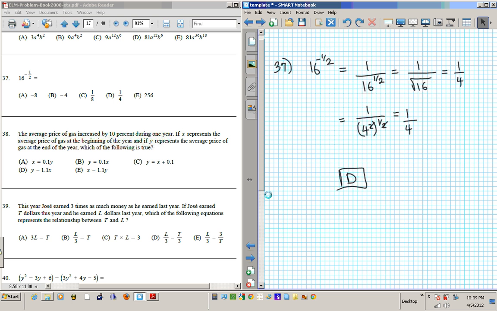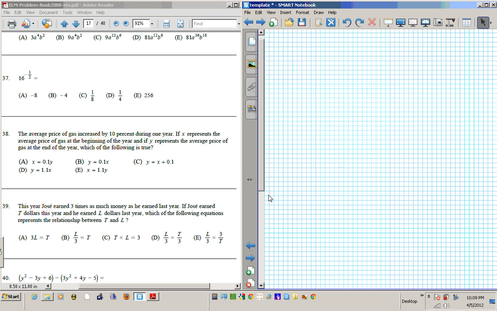Question 38 says, the average price of gas decreased by 10% during 1 year. If X represents the average price of gas at the beginning of the year, and if Y represents the average price of gas at the end of the year, which of the following is true? So an increment by 10% basically means that you went from 100%, you added 10%.